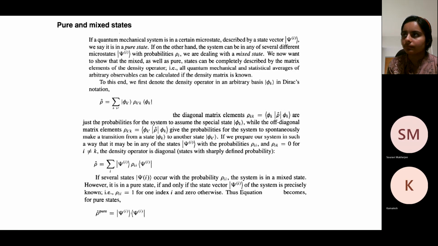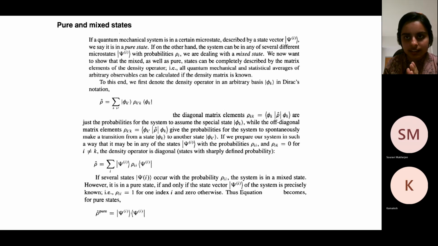So suppose you have two or three energy states, and you say that you are in a superposition of different eigenstates of different energy states, phi 1, phi 2, phi 3. That state can be a1 into phi 1 plus a2 into phi 2 plus a3 into phi 3.